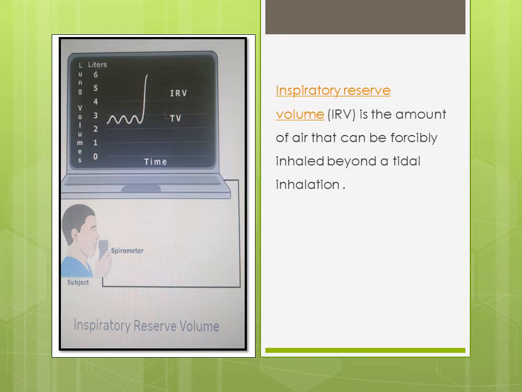In this graph, the moment the tidal volume expiration is done and you start a forceful and deep inspiration, the graph rises. That is called the inspiratory reserve volume, and the normal amount for men and women is 3000 ml to 2000 ml.